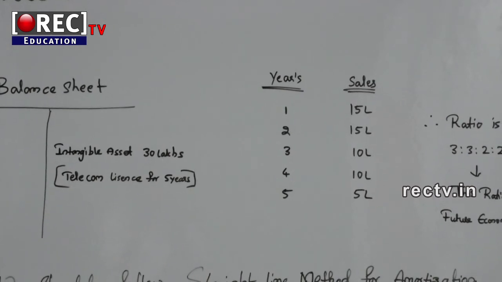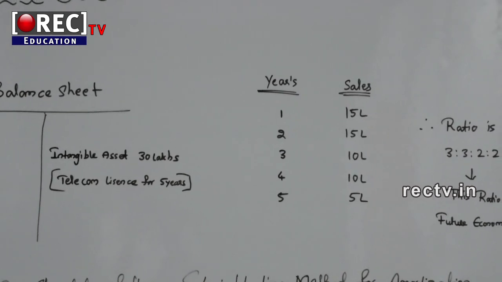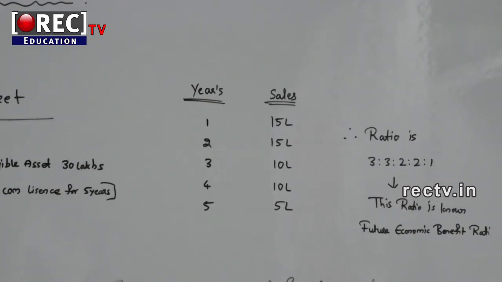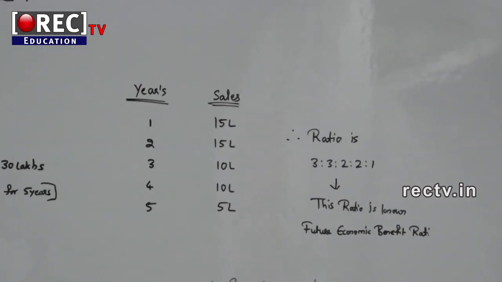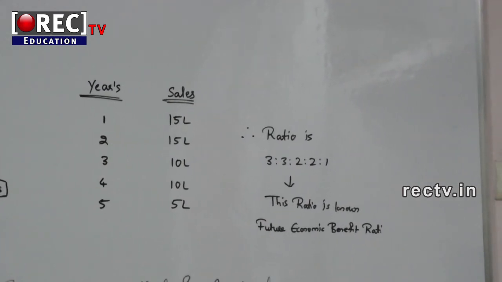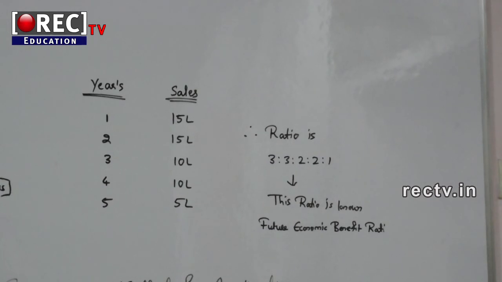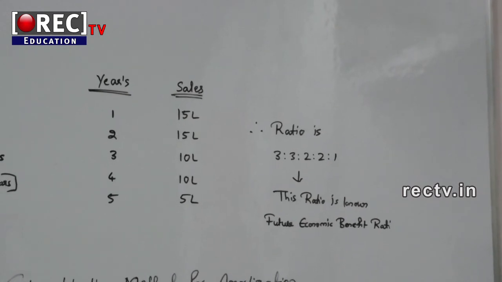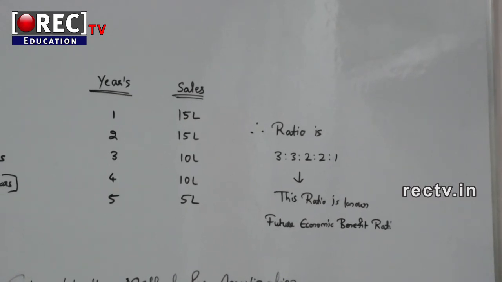This license gives benefit over 5 years in the manner of sales: the first year 15 lakhs, second year 15 lakhs, third year 10 lakhs, fourth year 10 lakhs and fifth year 5 lakhs. So this is the future economic benefit. In that ratio we will amortize this cost of 30 lakhs every year to the P&L account.